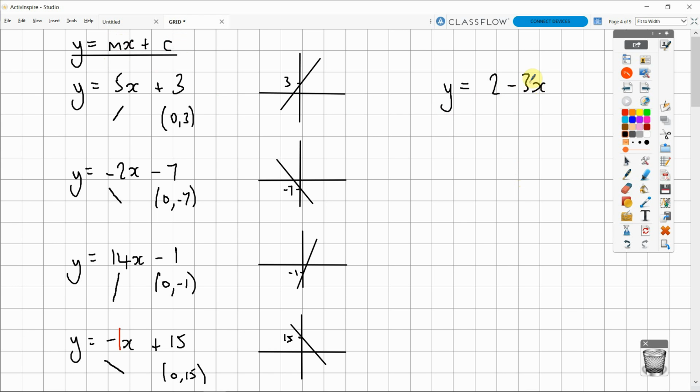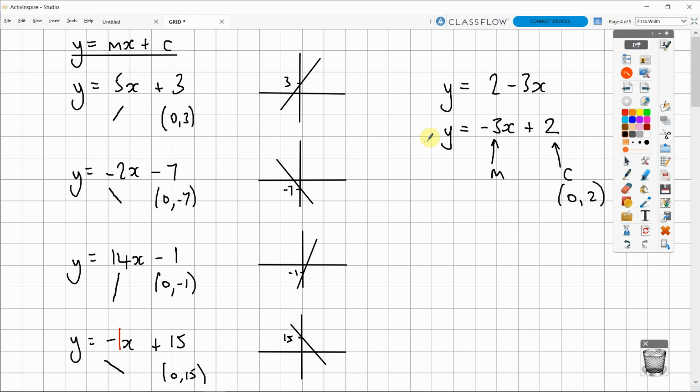Notice what's happened. The number multiplying the x is now sitting here instead of in that position. So it's helpful to rewrite this like that. The gradient of this is -3 and the y-intercept is at (0, 2).